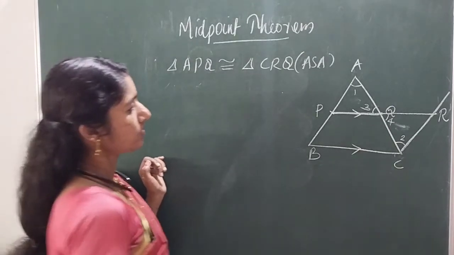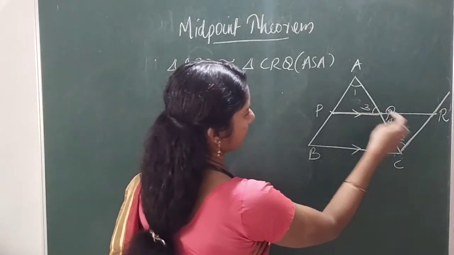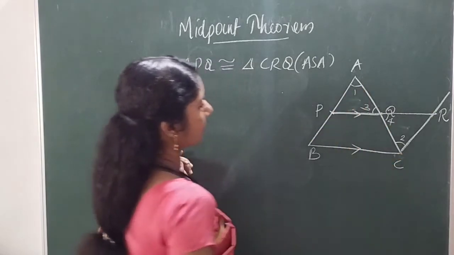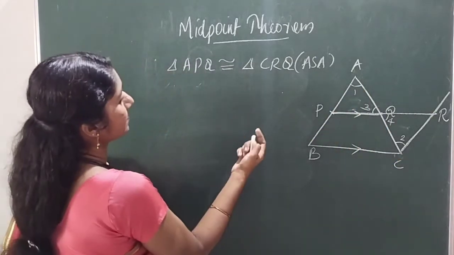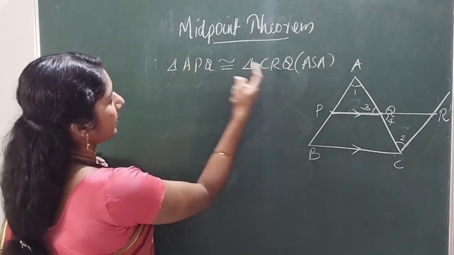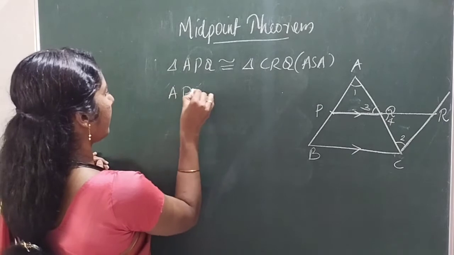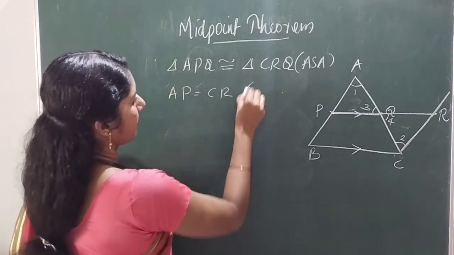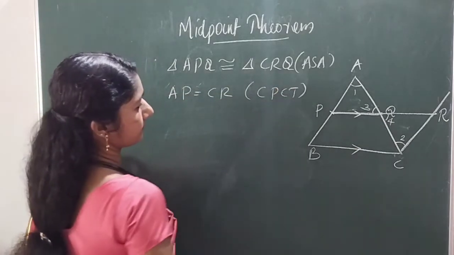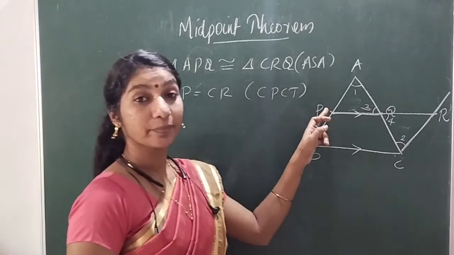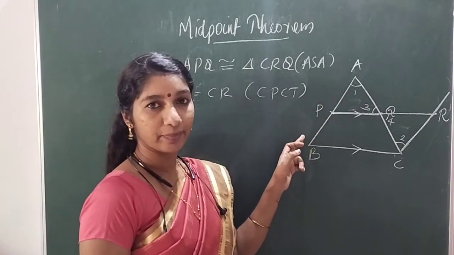Okay. Now see, these two triangles are congruent. Since they are congruent, we can write their corresponding parts are equal. AP equal to CR, by CPCT. And you know, P is the midpoint of the line segment AB.